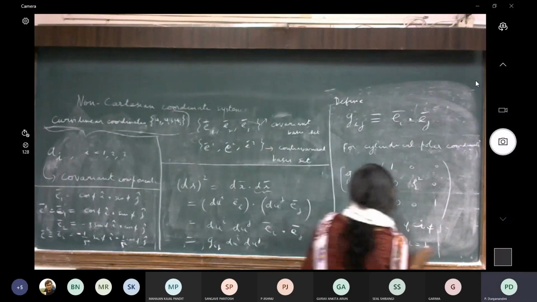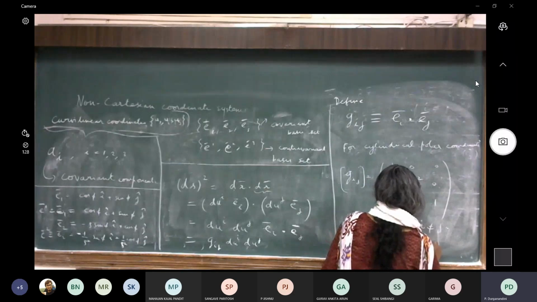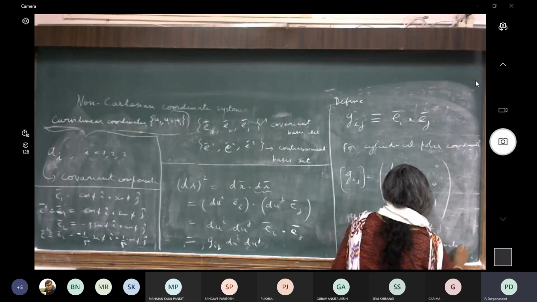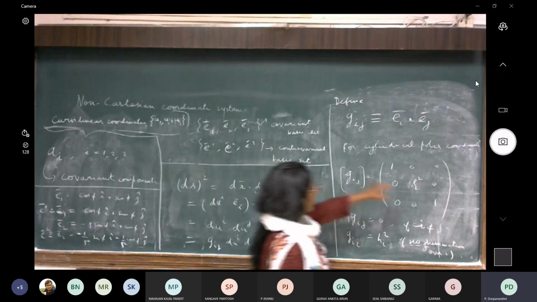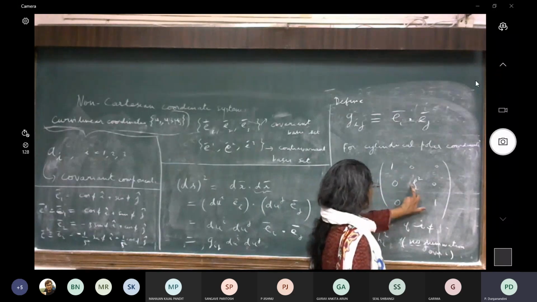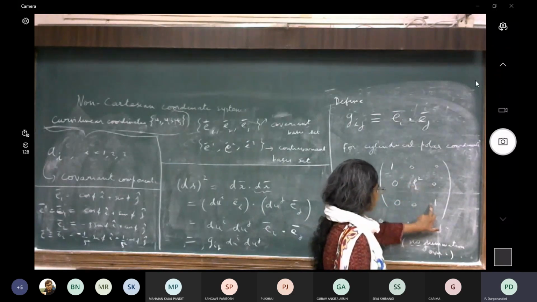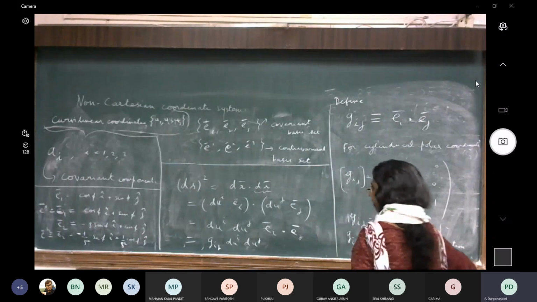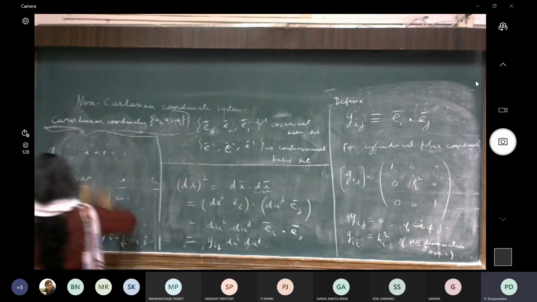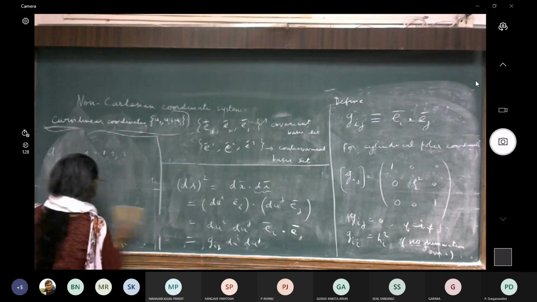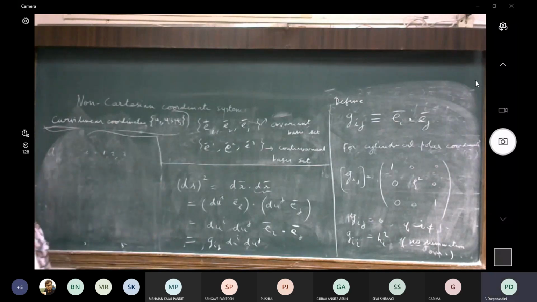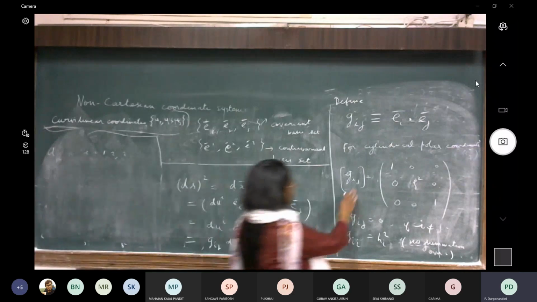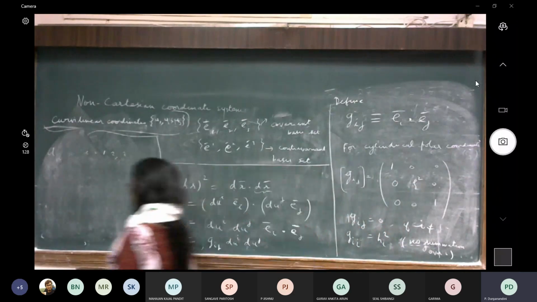g_ii equal to this, no summation over that. So for spherical polar coordinates, what you will get is 1 here, then an r square here, and an r square sine square. So if I look at this matrix now, think of it just as a matrix.